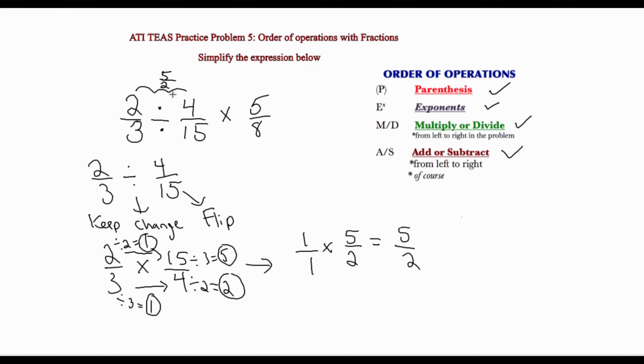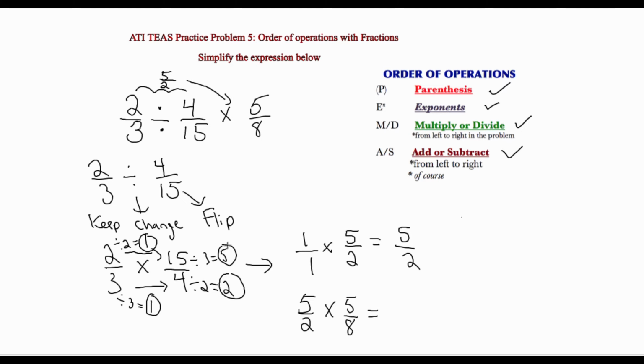Okay, so now what we have to do is take 5/2 and multiply that with 5/8. So I'm going to go down here in this space I have and take 5/2 and multiply it with 5/8.